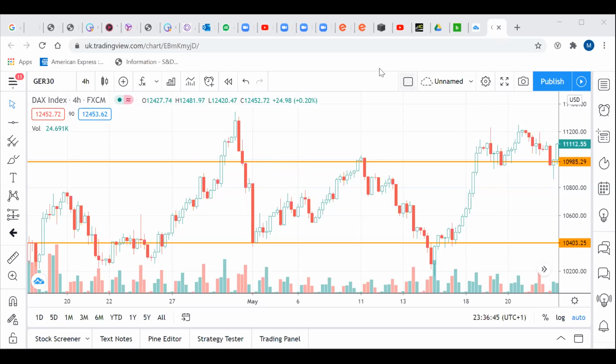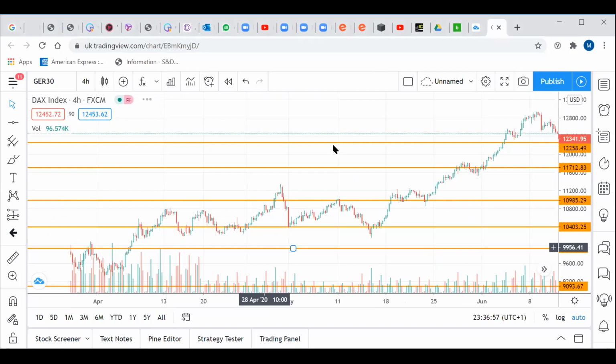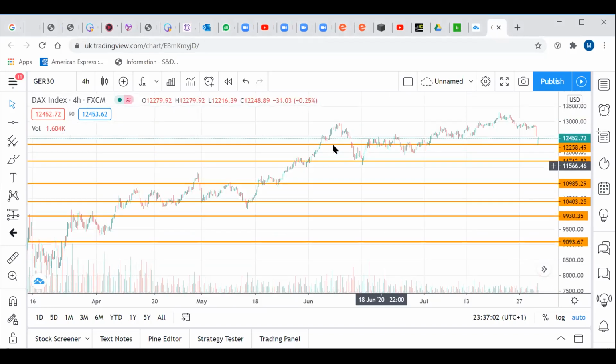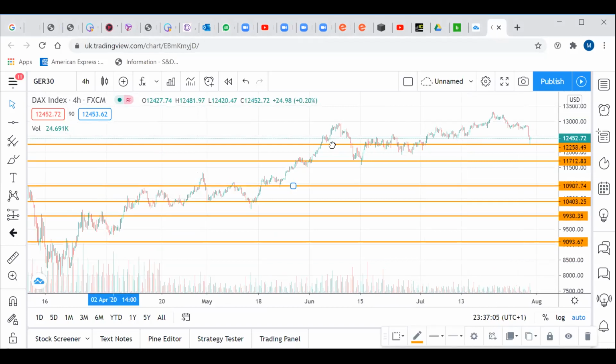Do you guys see my chart on the screen? Yes. Okay, cool. And where were you before? Yeah, it just zoomed in a bit too much. Are you on like the 1 minute or the 1 hour? I'm on the 4-hour chart right now.